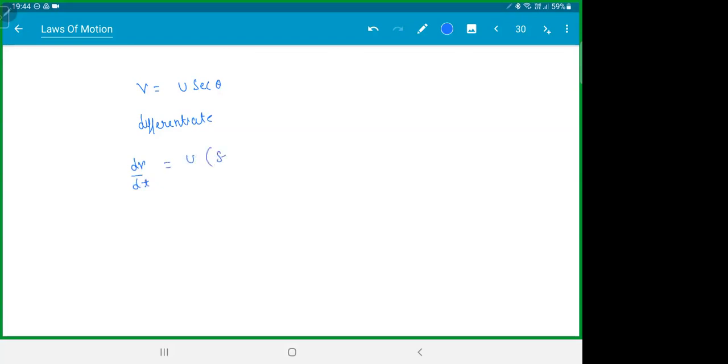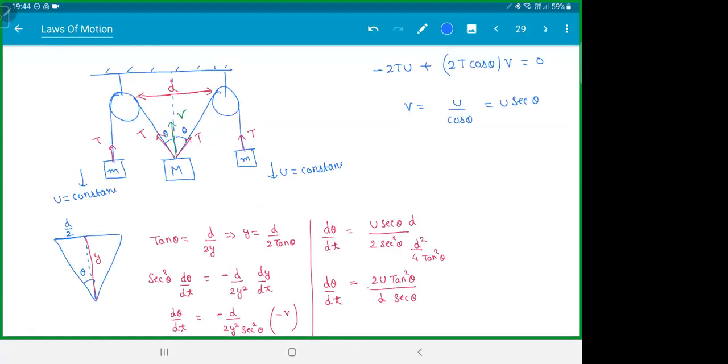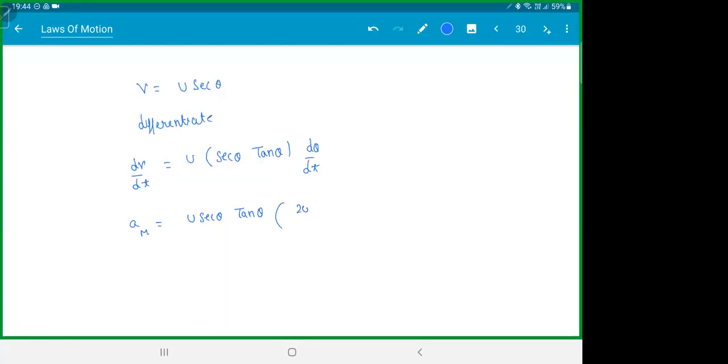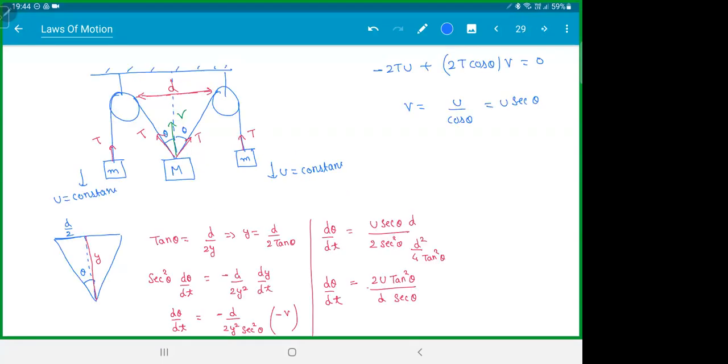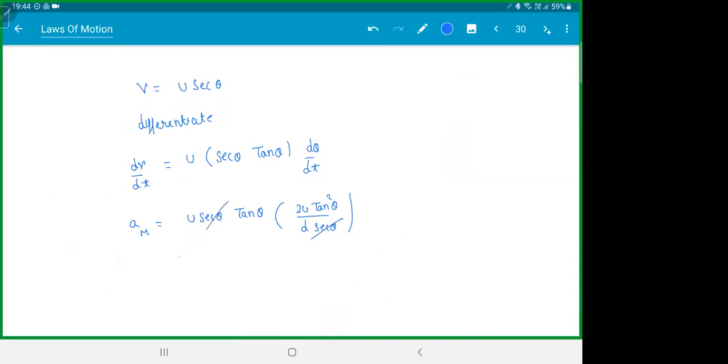The differential of sec is sec theta tan theta d theta by dt. This would be the acceleration of the middle block. This will be U sec theta tan theta, and bring this d theta by dt. That is 2U tan square theta by d secant theta. Sec gets cancelled off. We end up with 2U square by d tan cube theta.